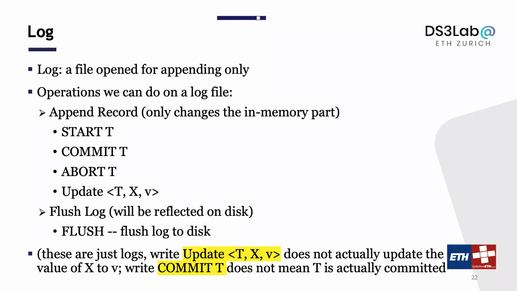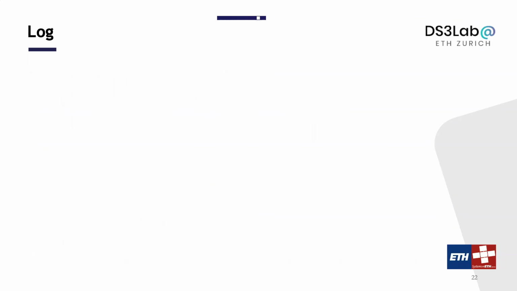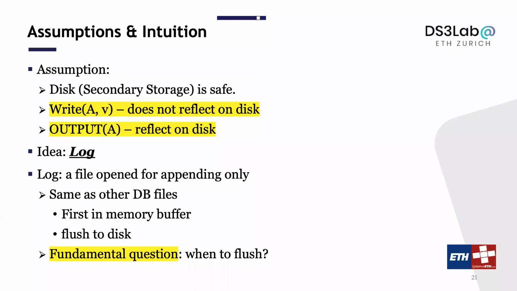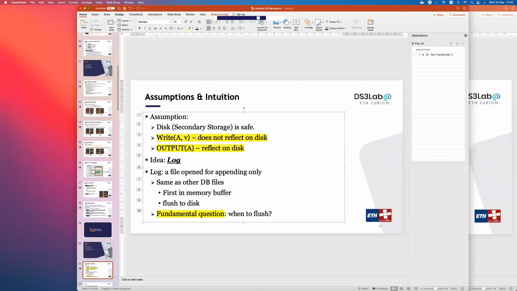Just a quick question. Can you go back to the slide one before? It says write does not reflect on disk. Why does it not reflect on disk? Oh yeah, write only changes the buffer. And so what is output then?